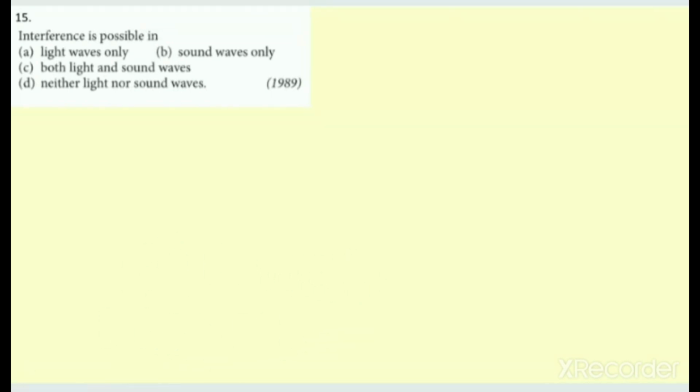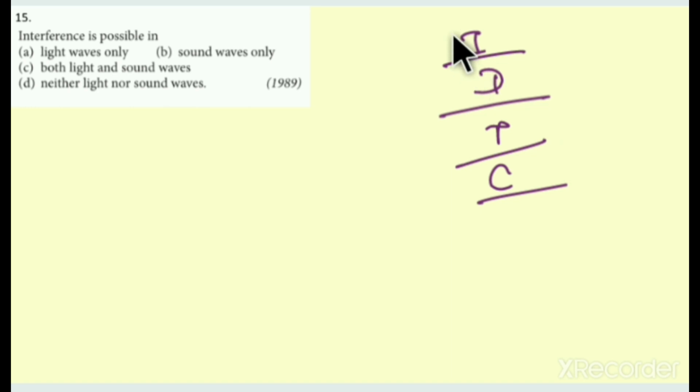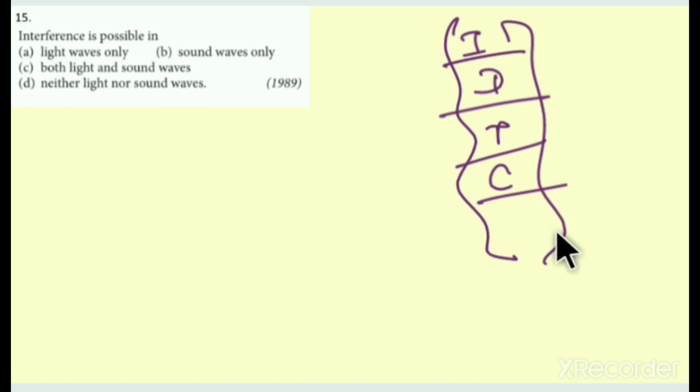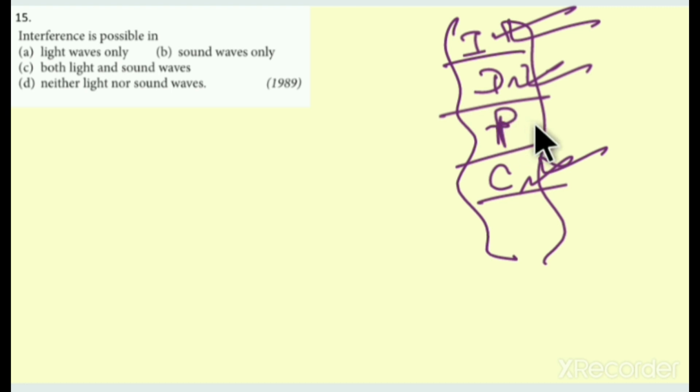In the previous question I discussed every phenomenon of light, that is interference, diffraction, polarization, and coherence. The light wave and sound wave both have the phenomena of interference, diffraction, and coherence, but polarization is not present in sound waves. So is interference possible in light waves only?